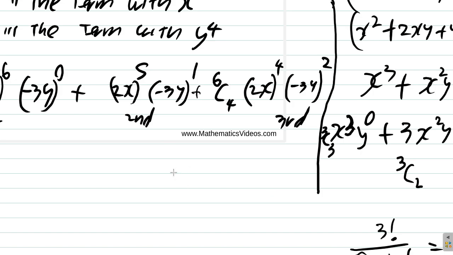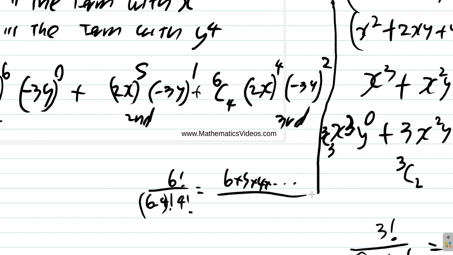So you have 6 factorial over 6 minus 4 factorial, 4 factorial, which is 6 times 5 times 4 times, and so on and so forth. Over 6 minus 4 is 2. It's 2 times 1. But just leave it as 2 to make space. 2 times 4 factorial is 4 times 3 times 2, and so on.